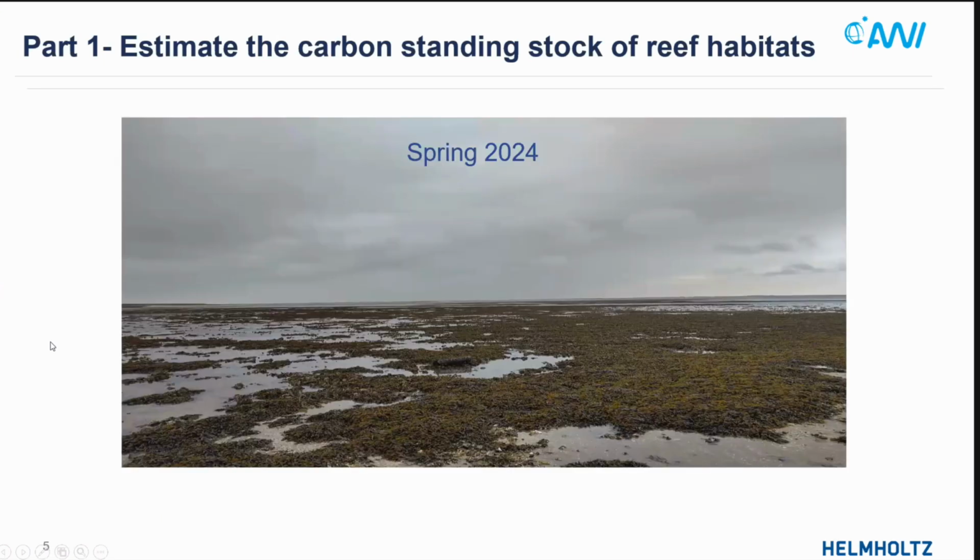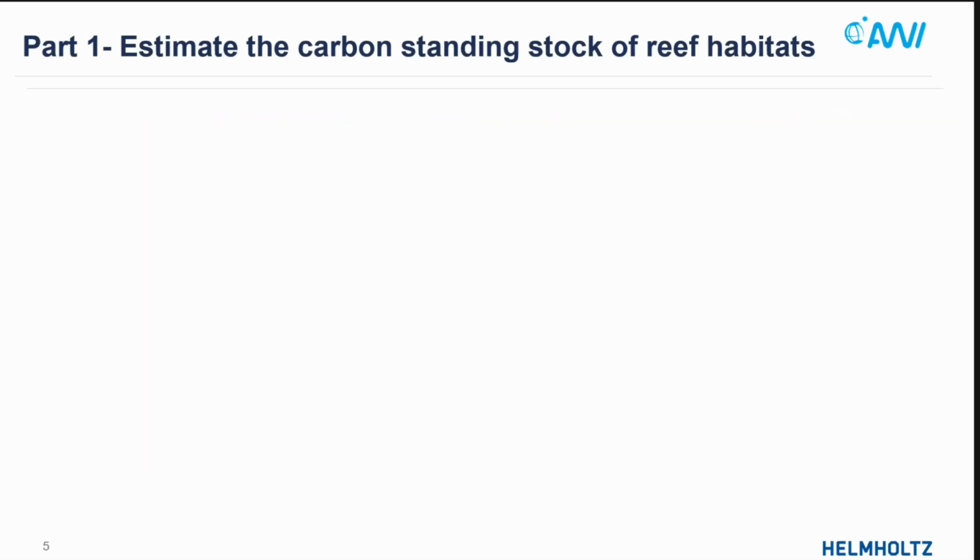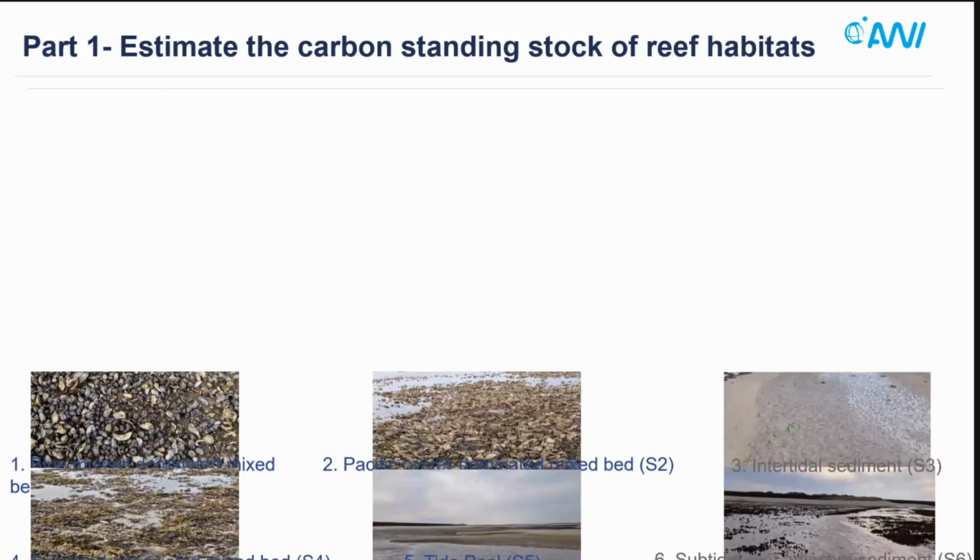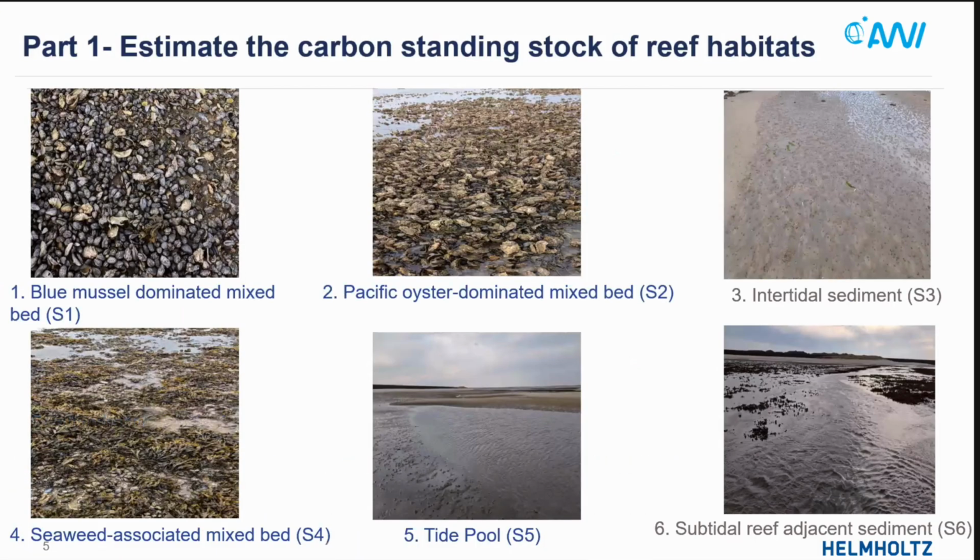This is how the intertidal reef looks. The picture was taken during low tide in spring 2024, and based on physical observation, we selected six different habitats within this reef. The first was the blue mussel dominated mixed bed, or S1.